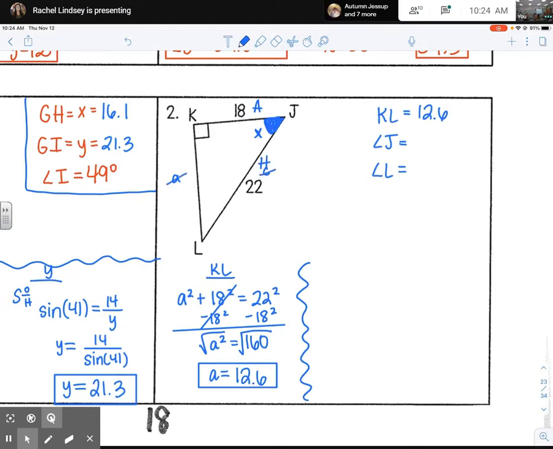So I've got adjacent and hypotenuse, so I'm going to use cosine.